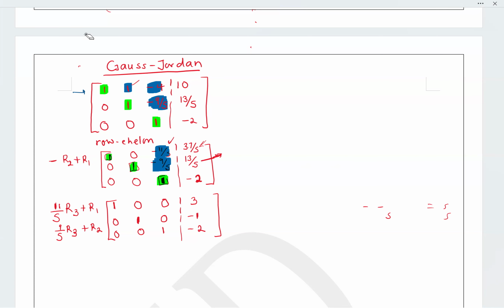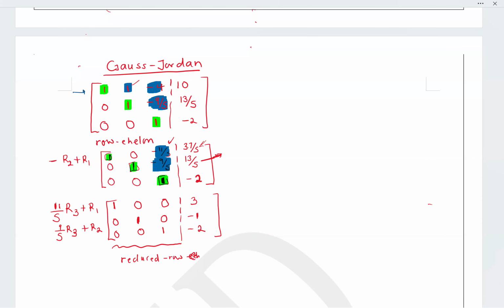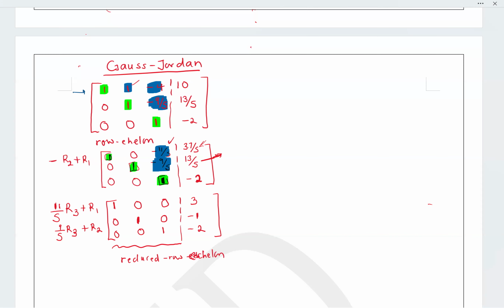All right, so if you look clearly, you will see that what? This matrix already now is in reduced row echelon form. So from here, you can get your solution.